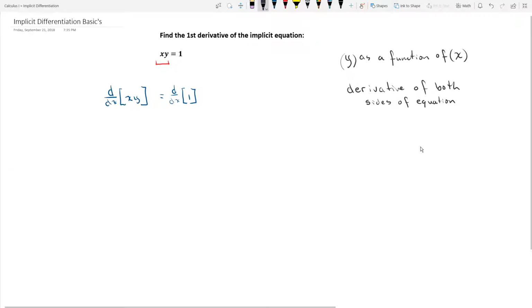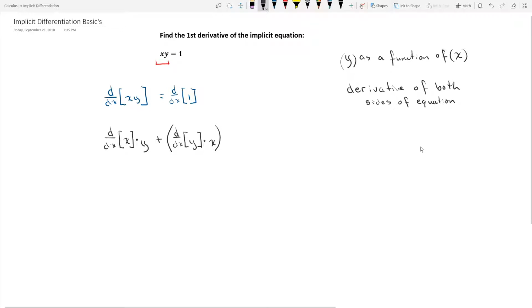Now, the product rule states that we're going to take the derivative with respect to x of the first times the second plus the derivative with respect to x of the second multiplied by the first.